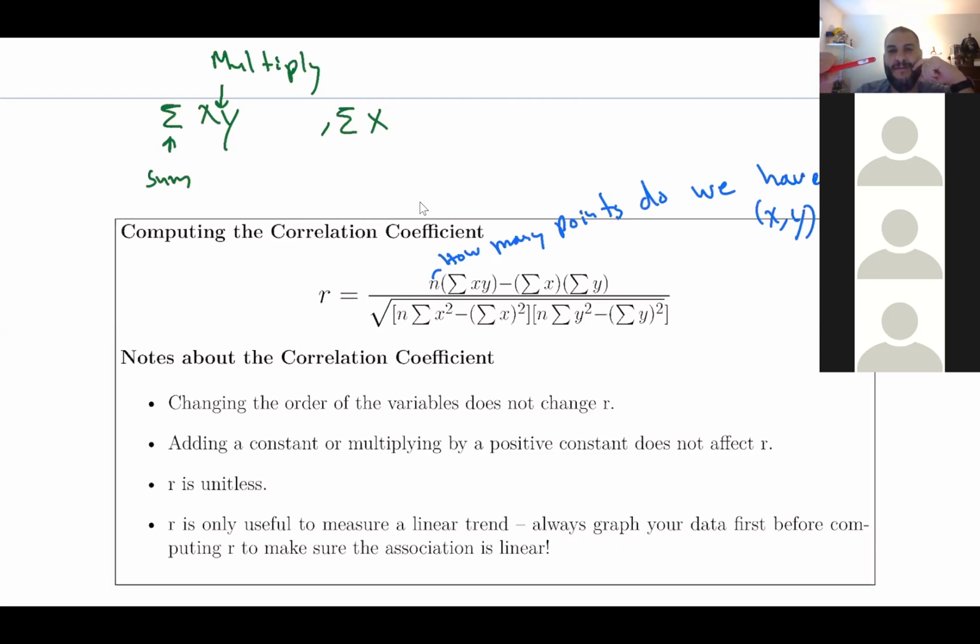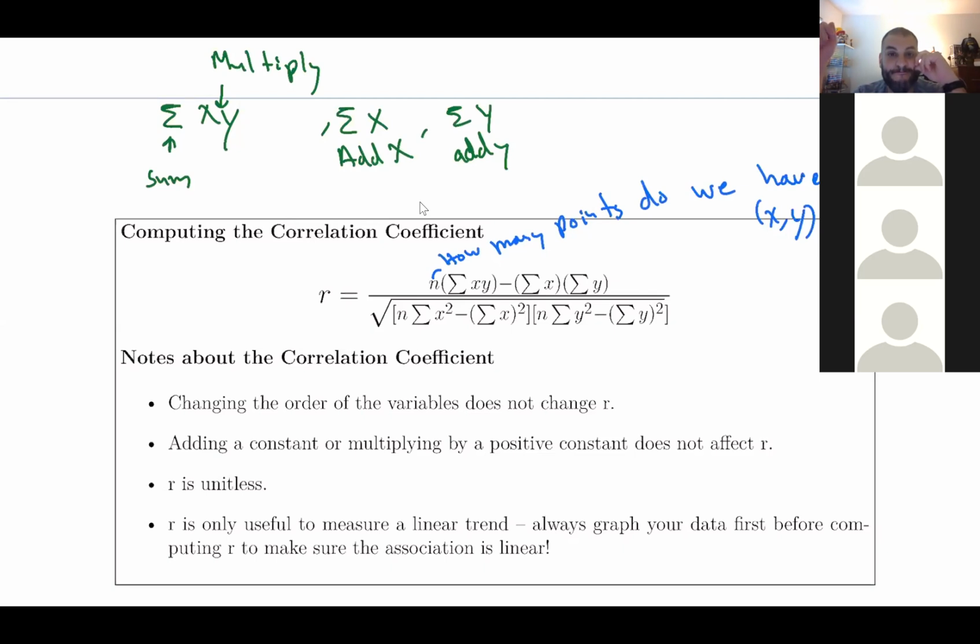Not summation times x, it is summation of x. So all you have to do is add up all the x variables. When we say summation of y, we add y. So all you have to do is add up all the x's and add up all the y's.